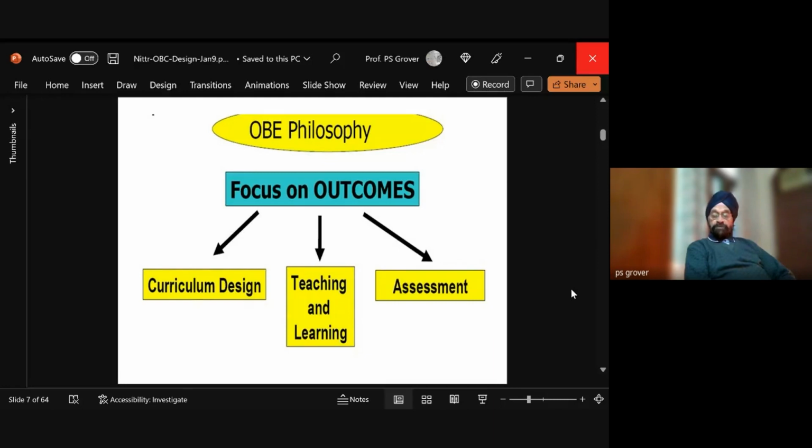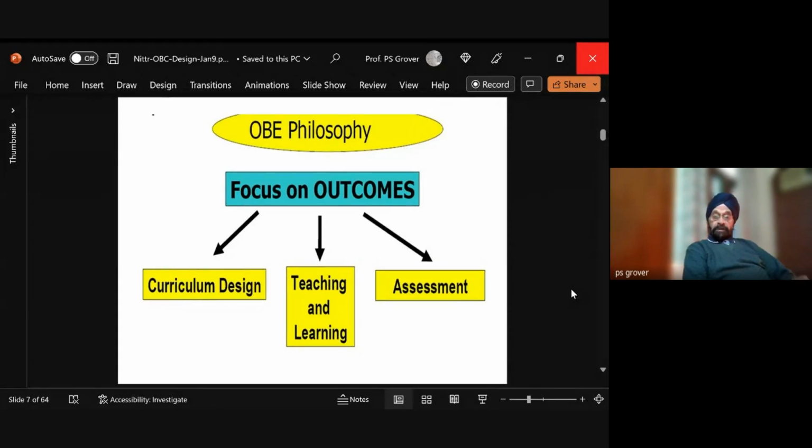So outcome is not the same as output. Our traditional system has been emphasizing the output component, but outcome-based education says, no, you look at the outcomes. Outcomes consist of knowledge, skill, attitude, and behavior.